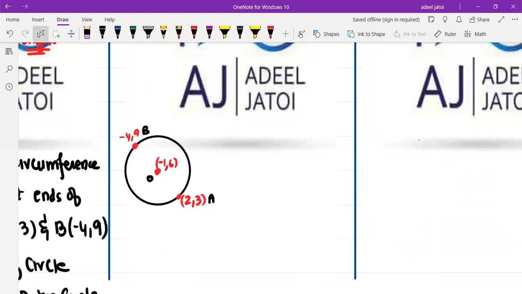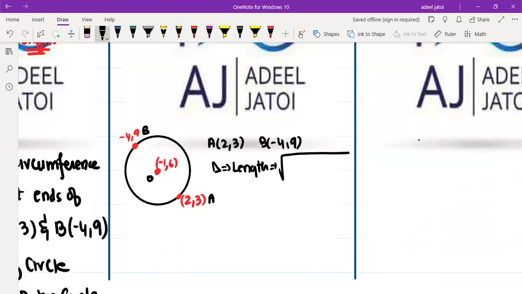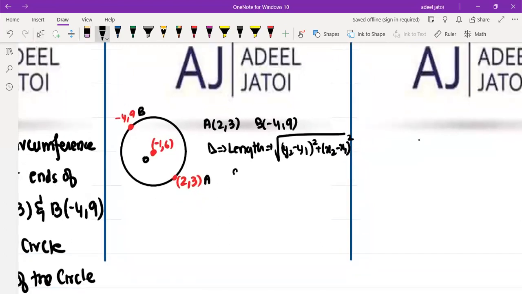Let's just calculate using the normal coordinates, A is (2, 3) and B is (−4, 9). To find the distance, which means length, your formula is √((y2 − y1)² + (x2 − x1)²). And this should be (9 − 3)² + (−4 − 2)².